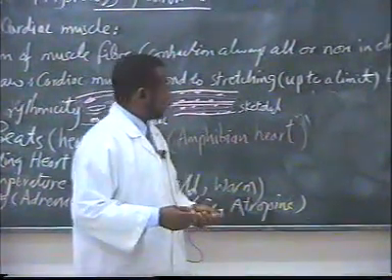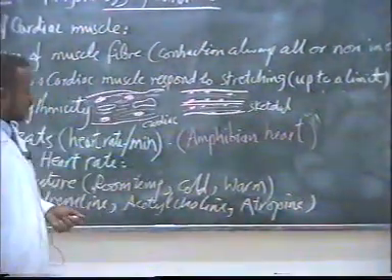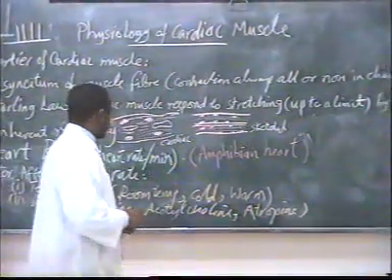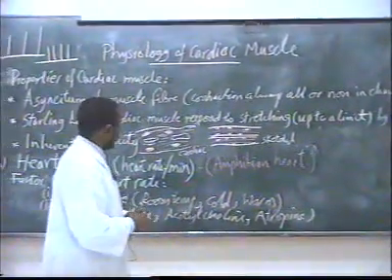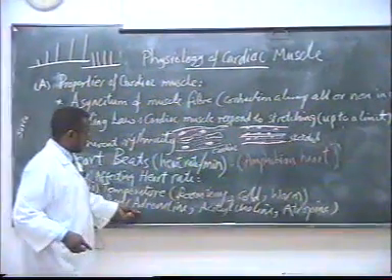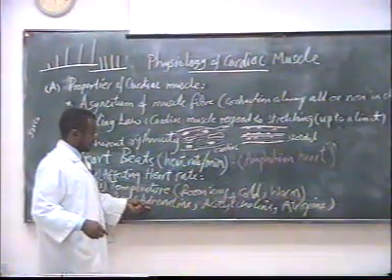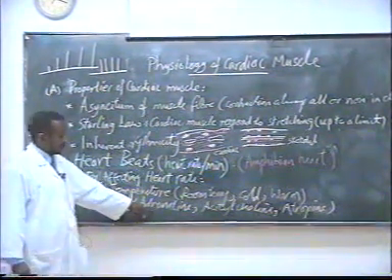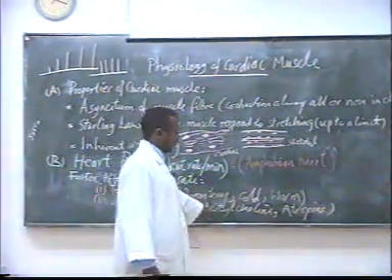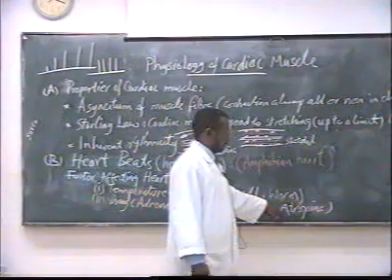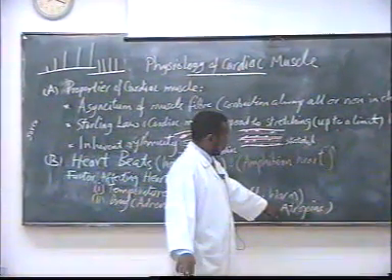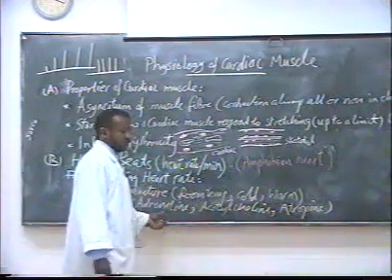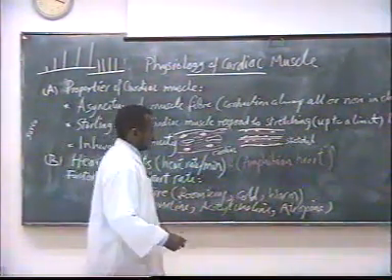So the heart rate is affected by the temperature, and also if we add drugs like adrenaline, which is a sympathomimetic drug, acetylcholine, parasympathomimetic, and atropine, a parasympatholytic drug. They affect the heart rate and the force of contraction.